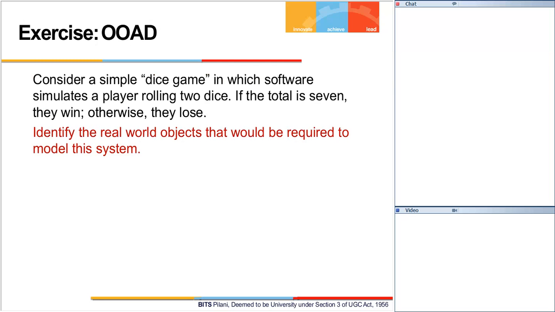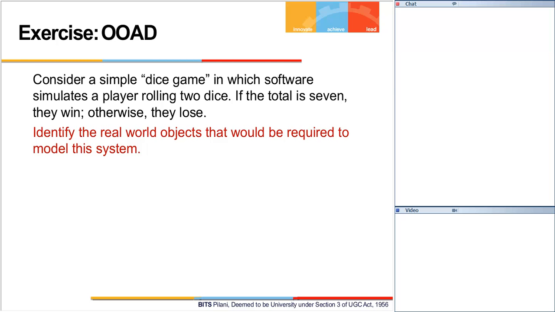Consider a simple dice game in which a software simulates a player rolling 2 dice, right? The condition is, if the total on the 2 dice is exactly 7, you win, otherwise you lose, right? So this is a given case study, and you have to design software for implementing it.